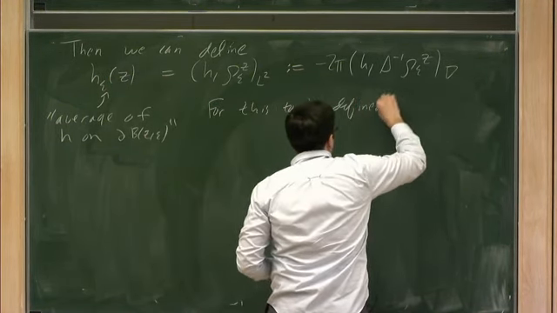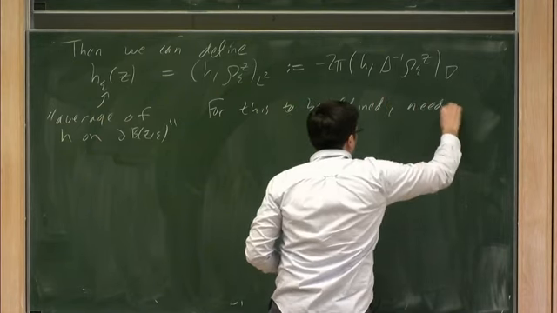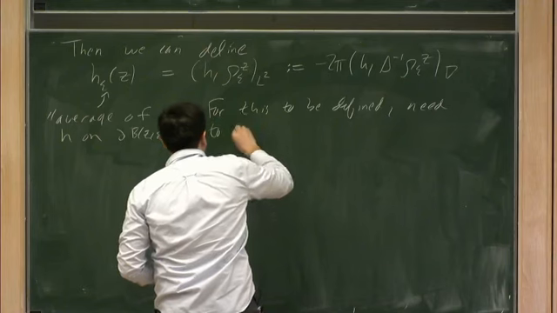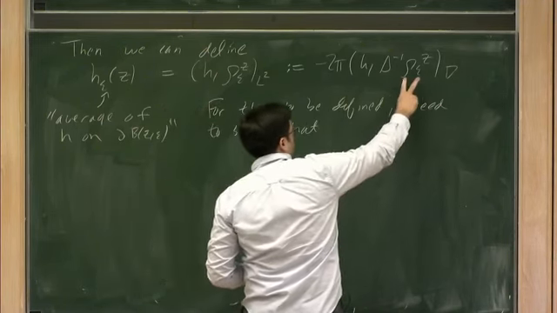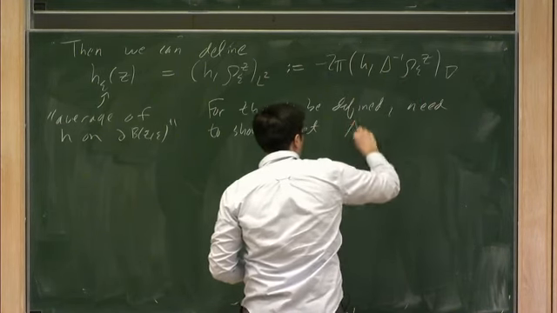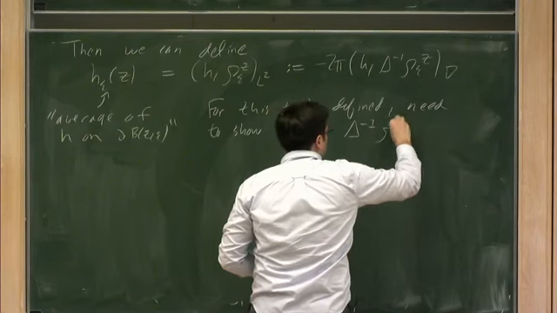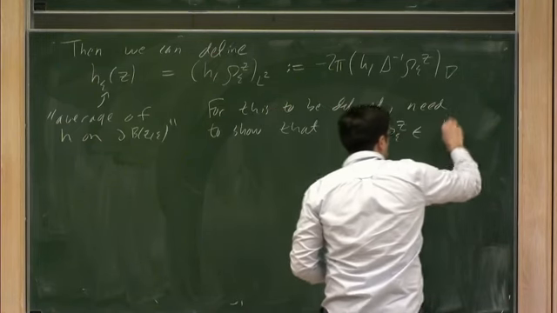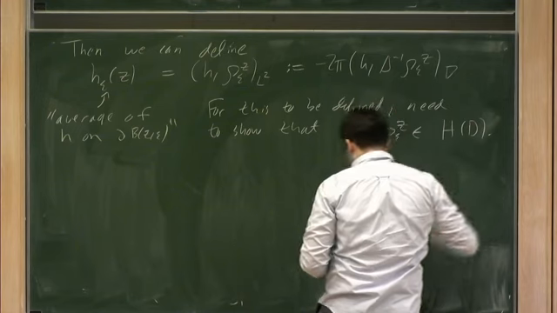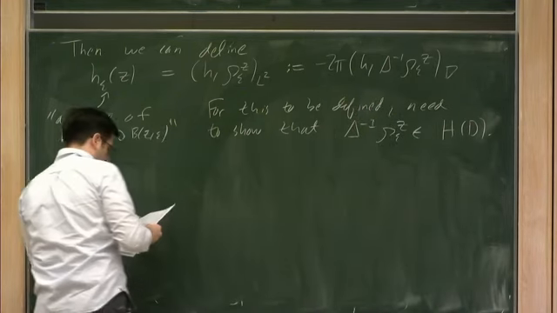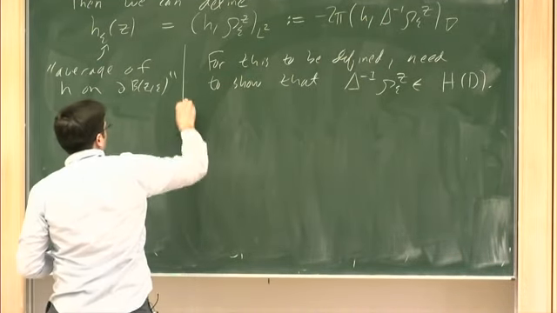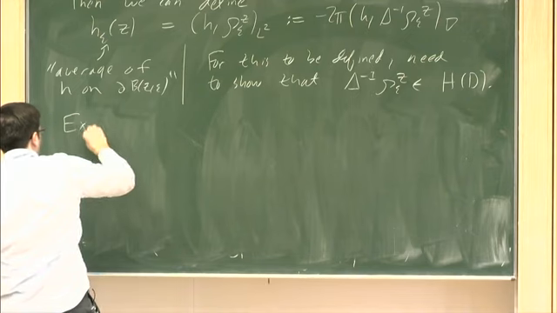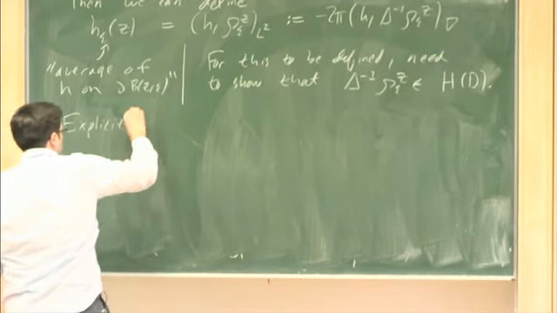And again, for this to be defined, remember what we have to check. We need to show that this inverse Laplacian actually needs to be an element of h of d. It turns out this is not so hard to show because you can write down what the inverse Laplacian is explicitly.